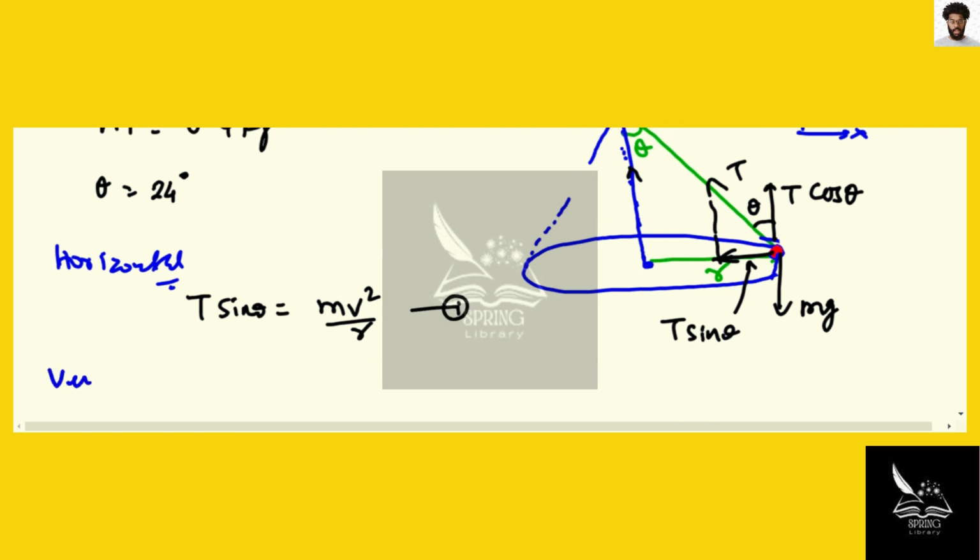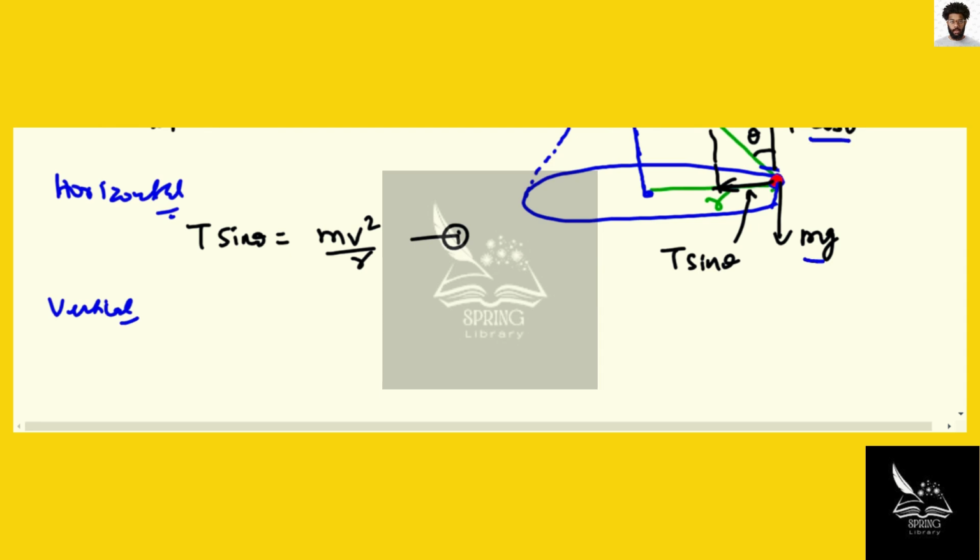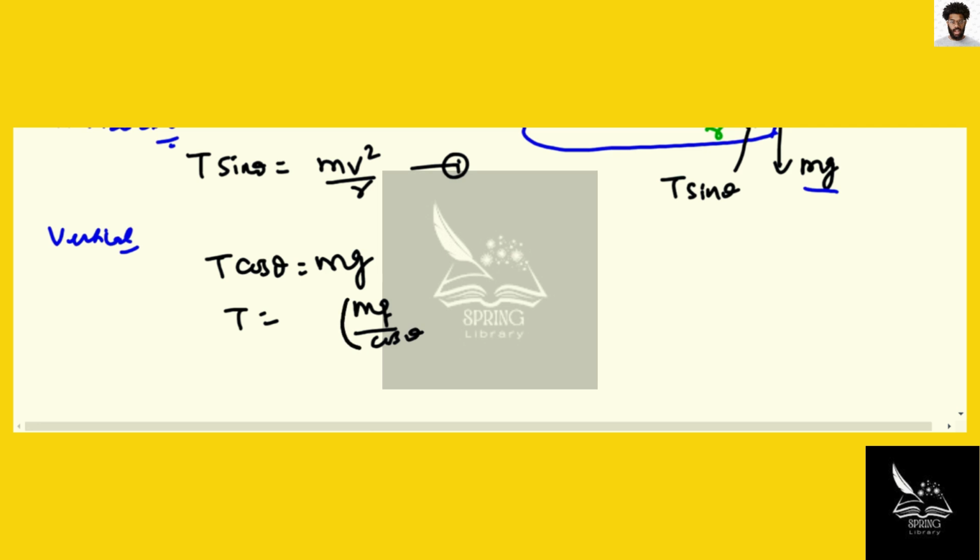In the vertical direction, there are only two forces which balance each other. So T cos theta equals mg, so T will be equal to mg by cos theta. From here we can find the tension.